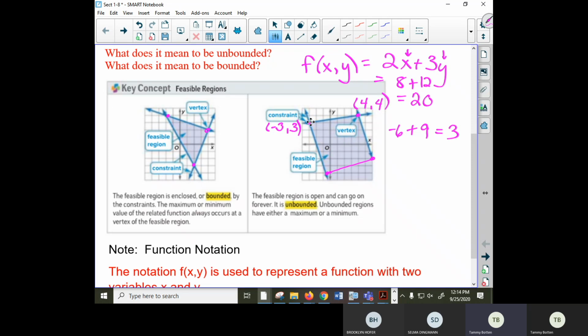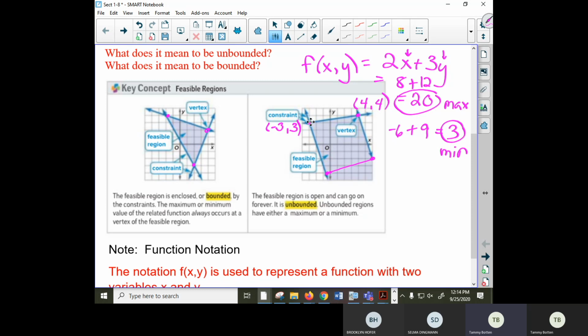When you get those vertices, then you go to that function and evaluate that function at the 4 points. And then they'll ask you specific questions. The first type of problem we're going to do, they're going to ask you what's the minimum value you get and what's the maximum. So like here we got 20 and we got 3, so 3 would be our minimum and 20 would be our maximum.